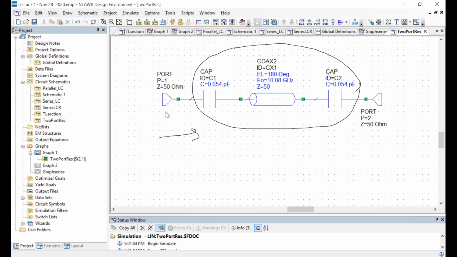It can transmit to here, which is called, say, T. It can reflect back here, or it can get absorbed in these things, right? So at the end of the day, the incident power here has to be equal to the sum of these things. So reflected plus absorbed plus transmitted.